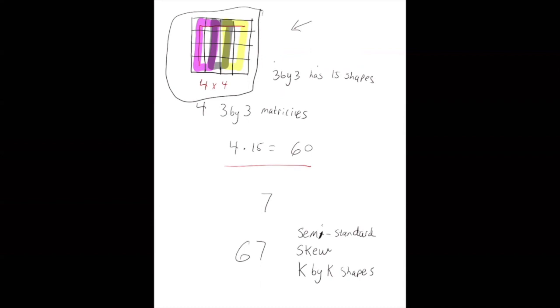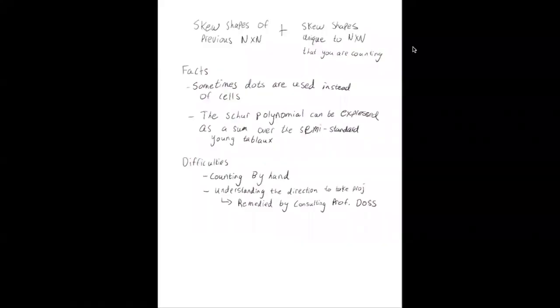So now you should have the understanding of how to count, and I hope you can try your luck on a 5x5 matrix and check our counts. Thank you for enjoying our lecture on calculating semi-standard skew shapes.